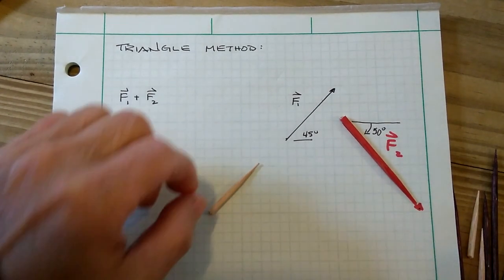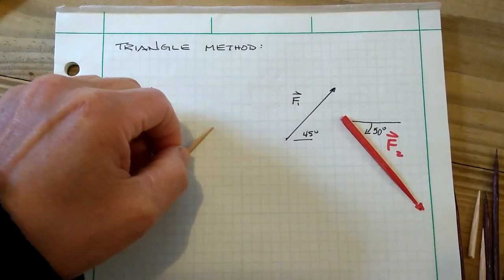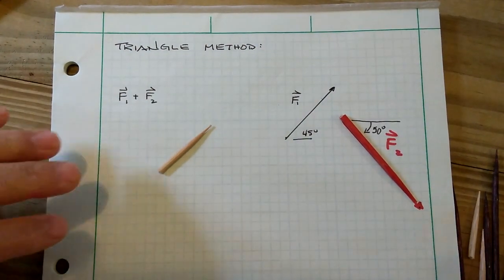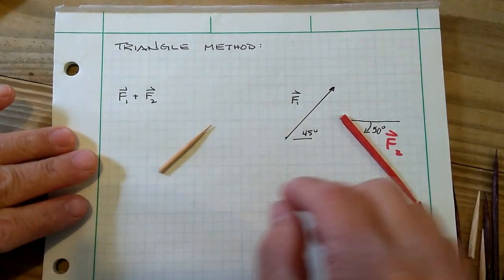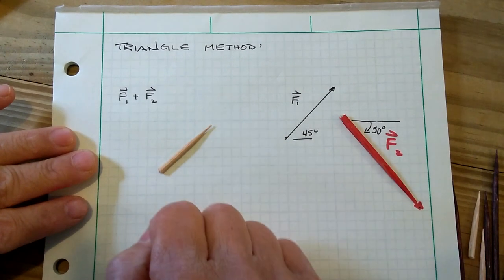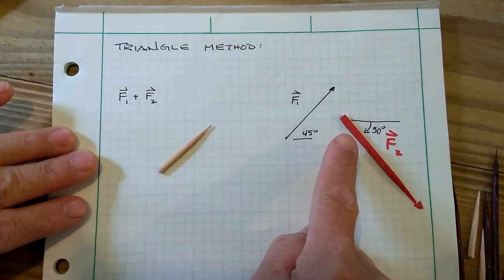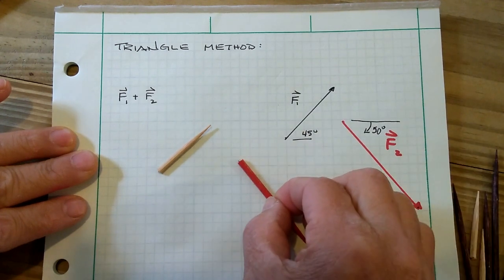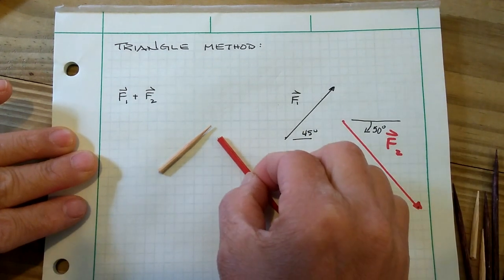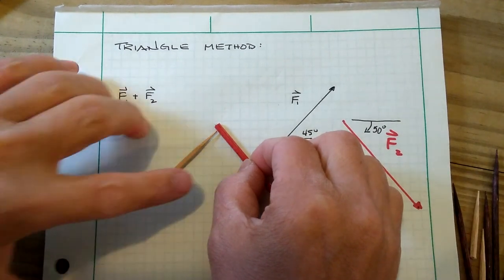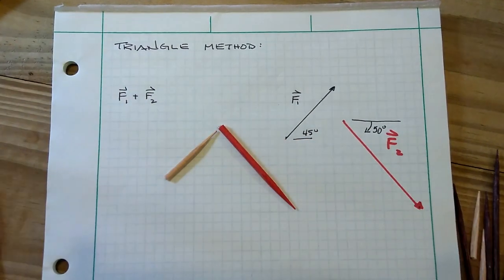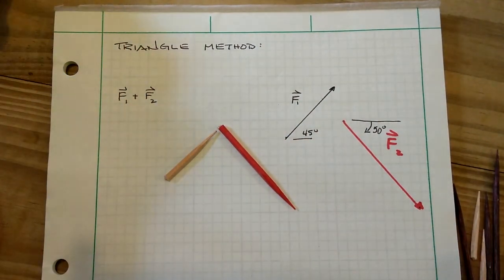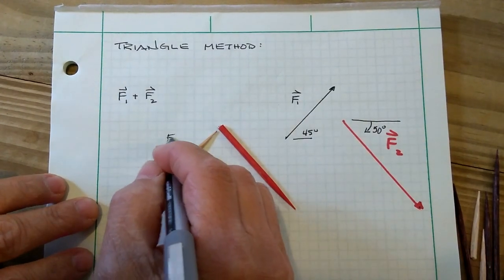I can even actually move it this way, and that's still a valid translation of that force vector. So I'm going to put the head to the tail of force 2. And again, as long as I keep it at 50 degrees to the horizontal, I'm good. I can translate it. So just like that.